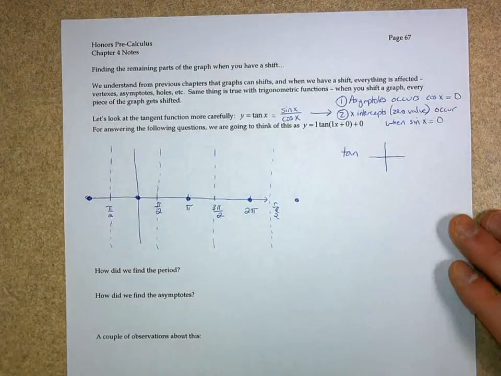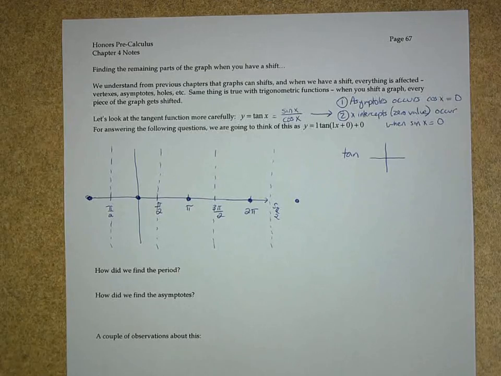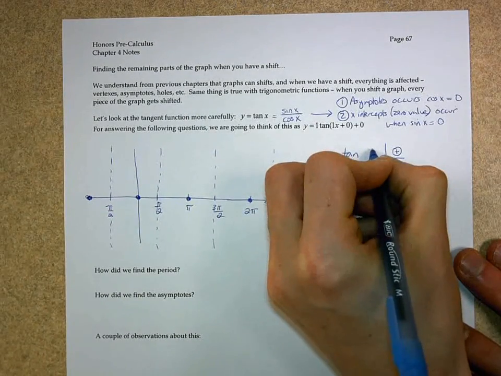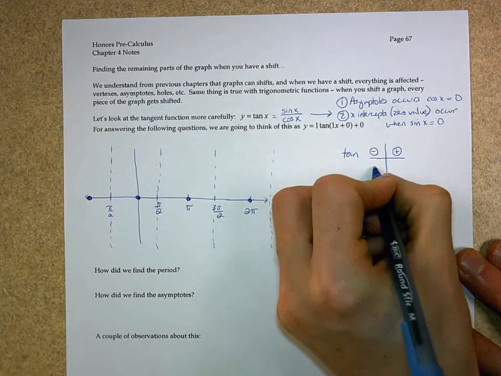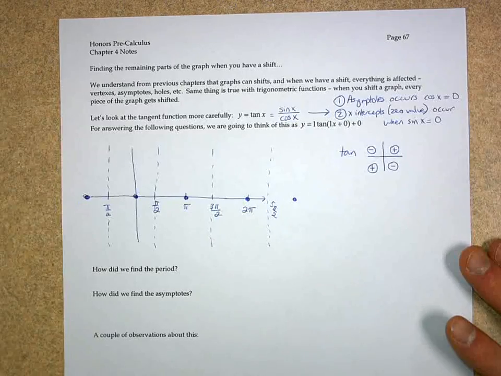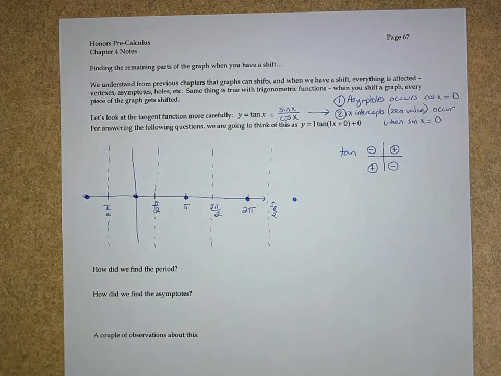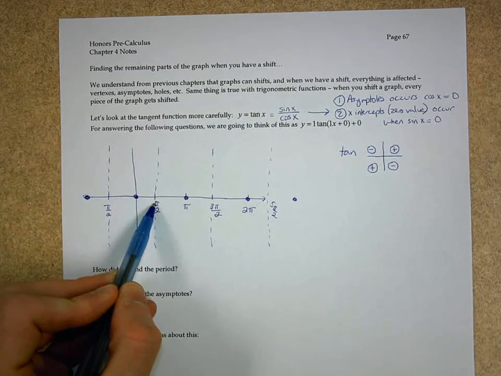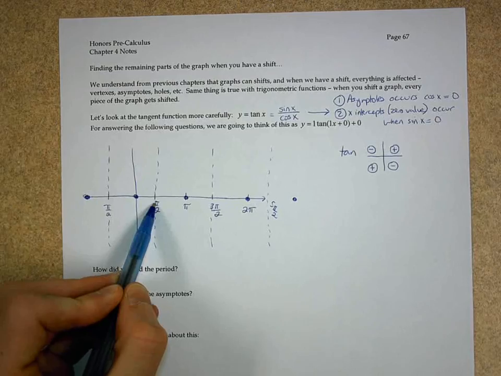If we looked at tangent in the 4 quadrants of the unit circle, we know in the first quadrant tangent was positive, it was negative in the second quadrant, positive in the third, and negative in the fourth. So if we look at our diagram here for our graph, from here to here, 0 pi to pi over 2, what quadrant does that represent?